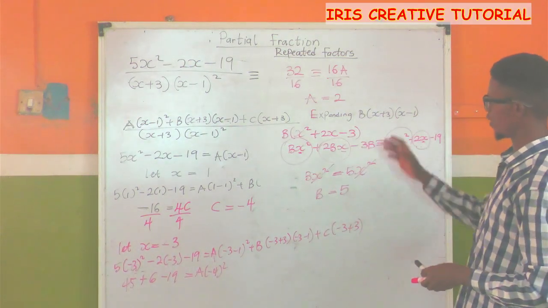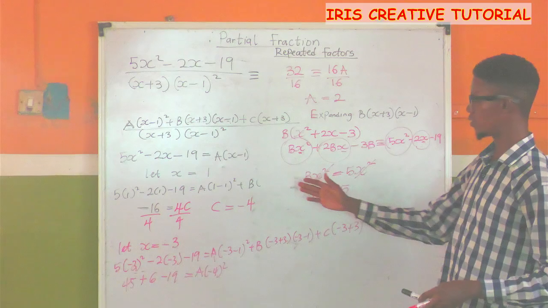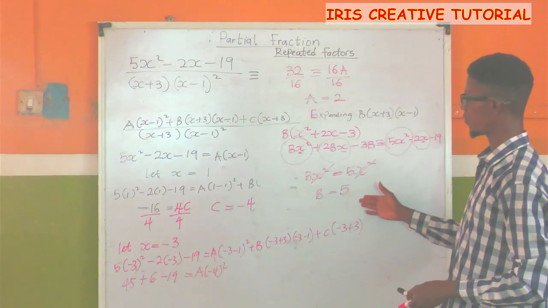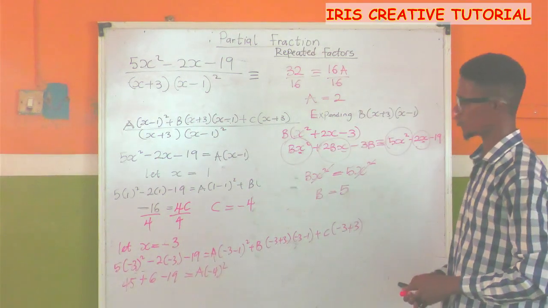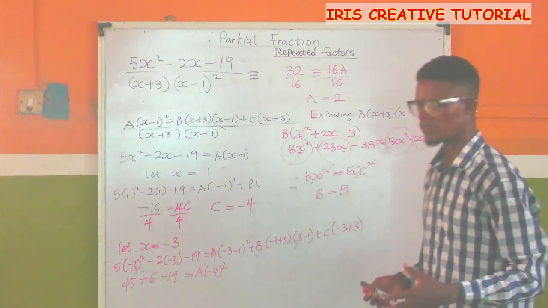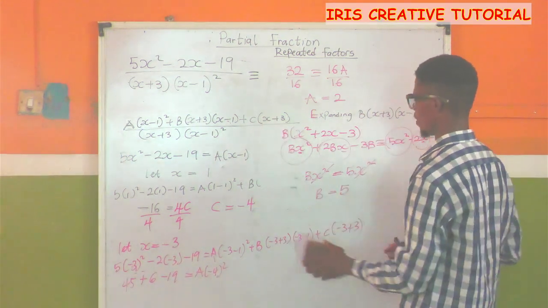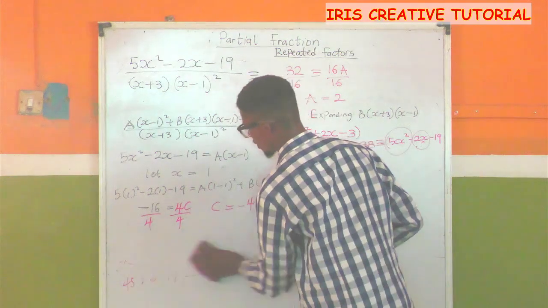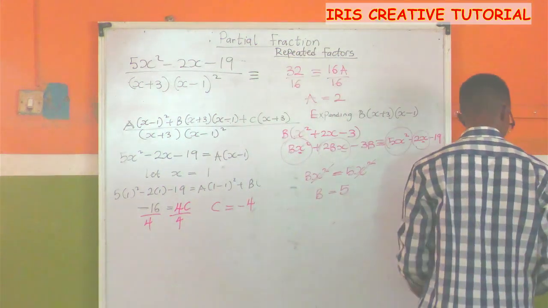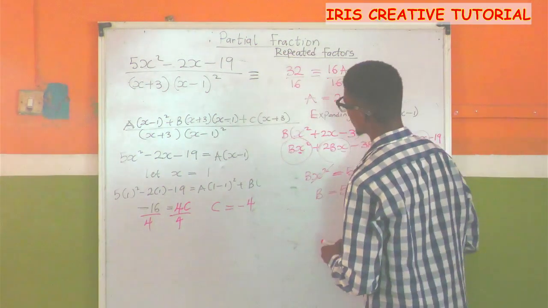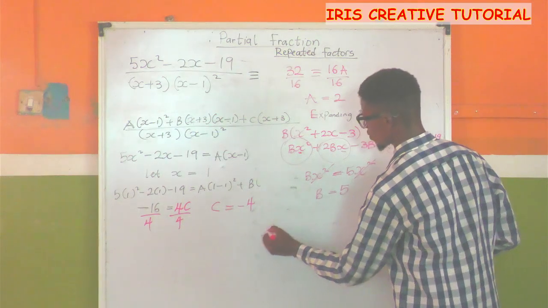So we have the value for a, b, and c. a is 2, b is 5, and c equals minus 4. Now let us put all of these values into the context of what we got earlier.